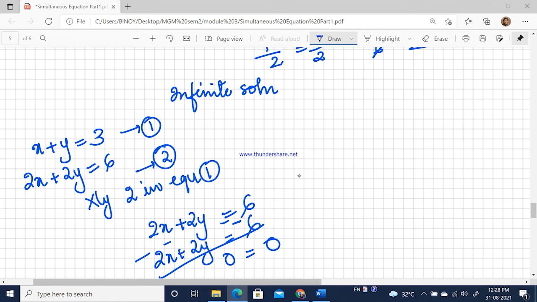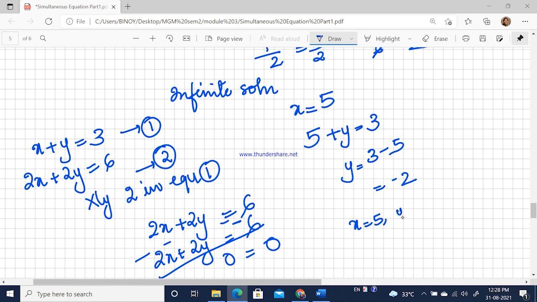Now, in this case, what we can do is substitute the value of x as 5. If I am substituting the value x as 5, 5 plus y is equal to 3, and y will be equal to 3 minus 5, which is minus 2. So x is equal to 5 and y is equal to minus 2.